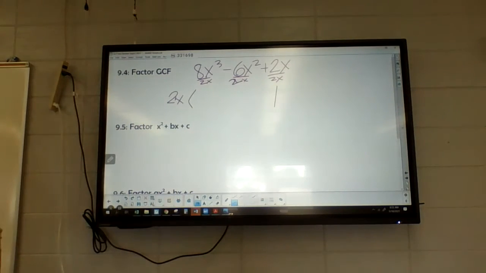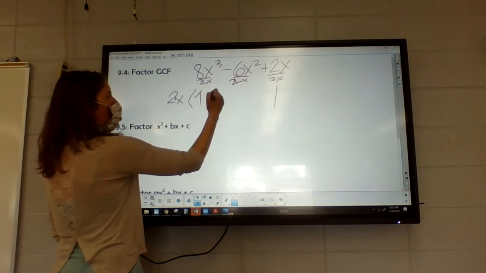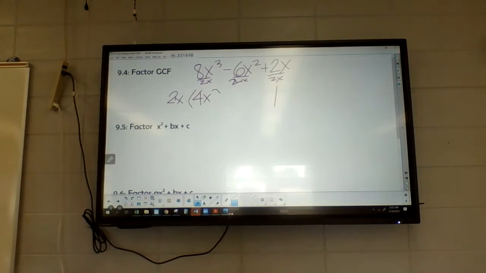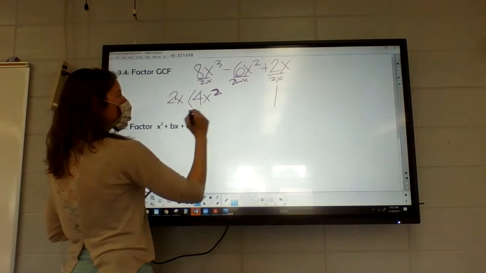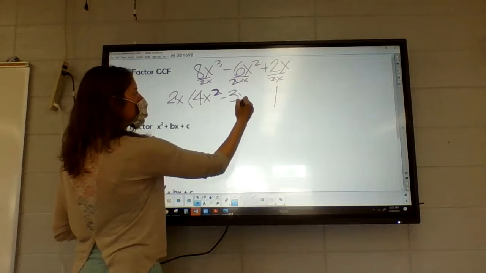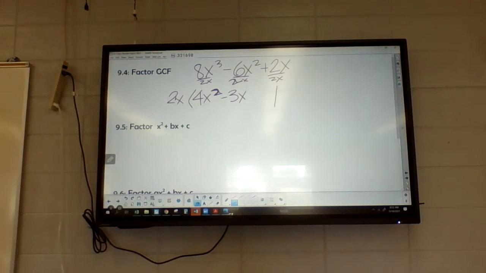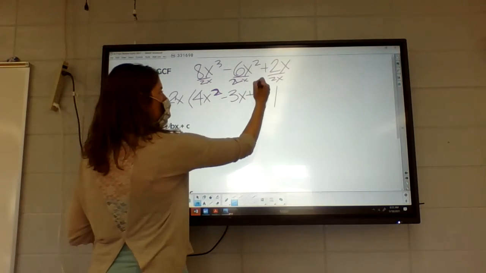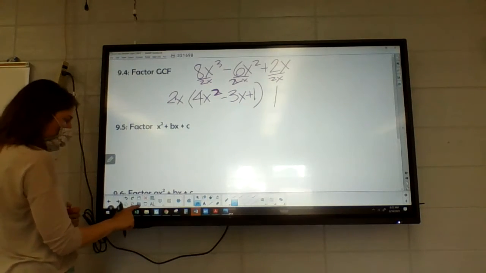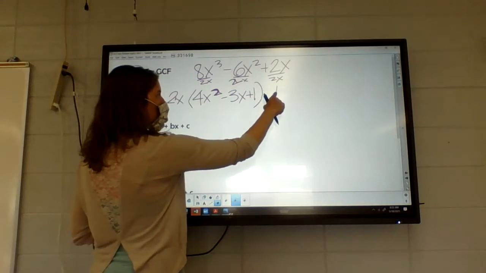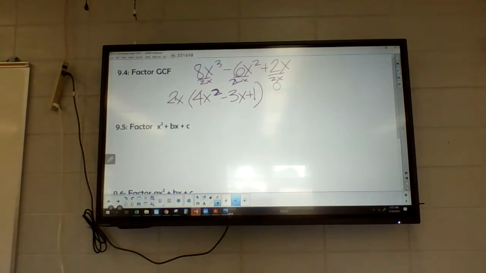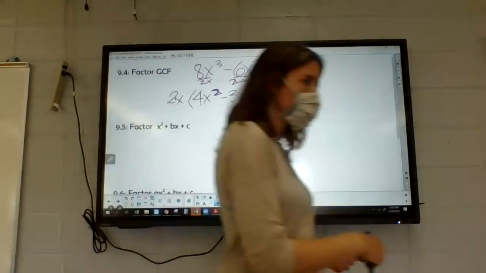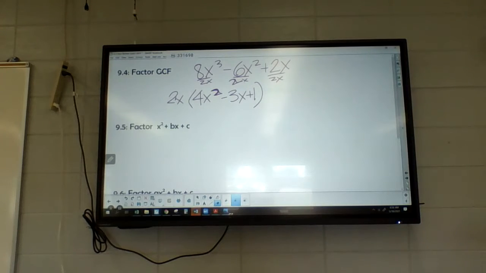So I'm dividing each of those by 2x. So I have 4x to the second, minus 3x, and then just plus 1. Don't forget that 1 has to be there as like a placeholder. So that's GCF factoring.